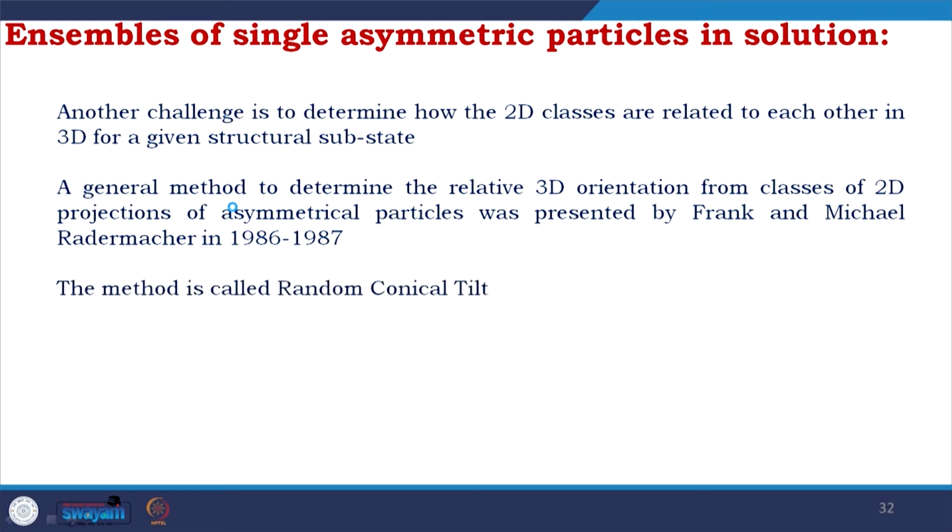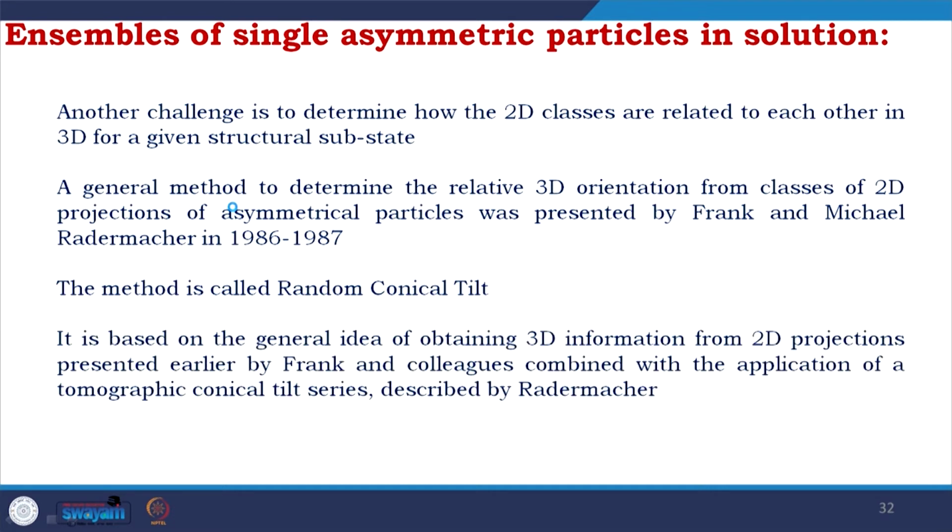The method is called random conical tilt. The method is based on the general idea of obtaining 3D information from 2D projections presented earlier by Frank and colleagues, combined with the application of a tomographic conical tilt series described by Radermacher.